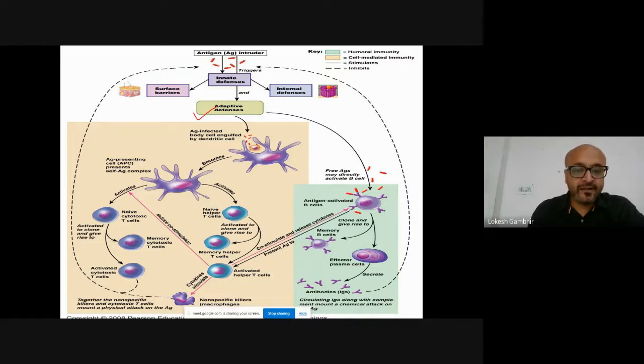The antigen is taken up by the antigen presenting cells, and these antigen presenting cells will be responsible for activating the T helper cells, and will also be activating the cytotoxic T cells. Fine. Simultaneously, the activated antigen is also activating the humoral response.